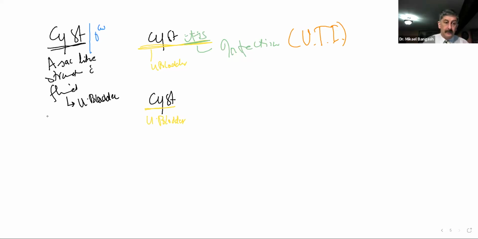What we'll be doing is using O as our combining vowel, so it becomes cysto. Clear? If somebody can get cystitis, a urinary bladder infection, what else can they get in the bladder?